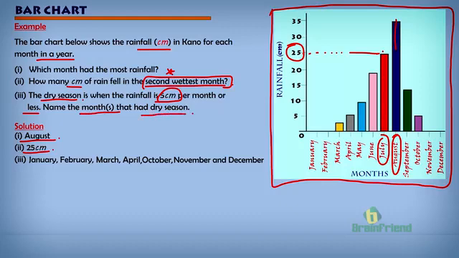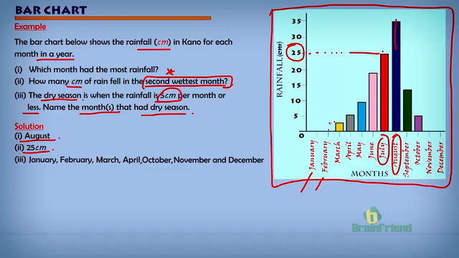Let's take a look again at our chart. If we go through each month, we'll find that January has no bar, and therefore January can be categorized as a dry month or dry season. February also has no bar. It also qualifies as a dry season.